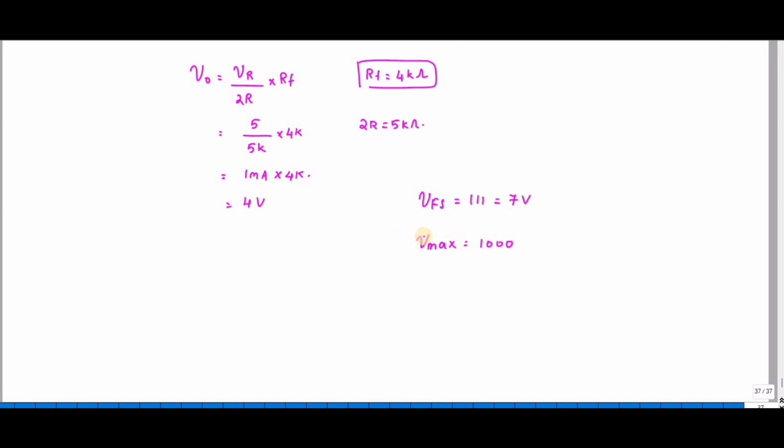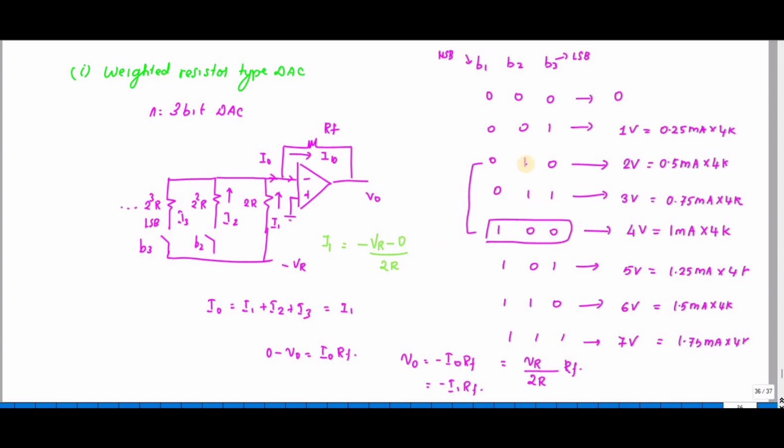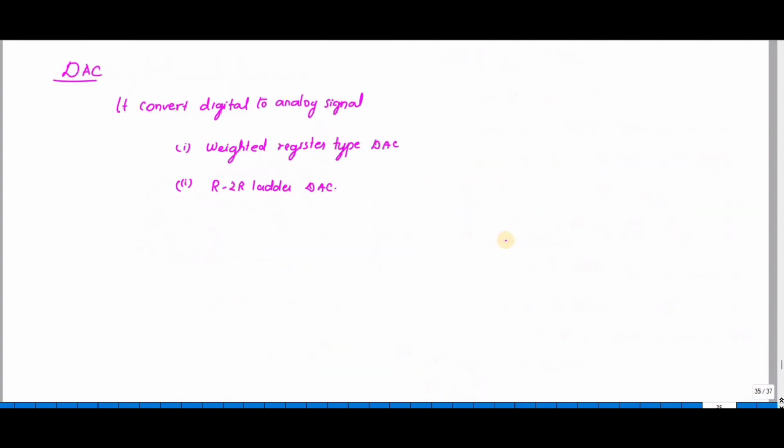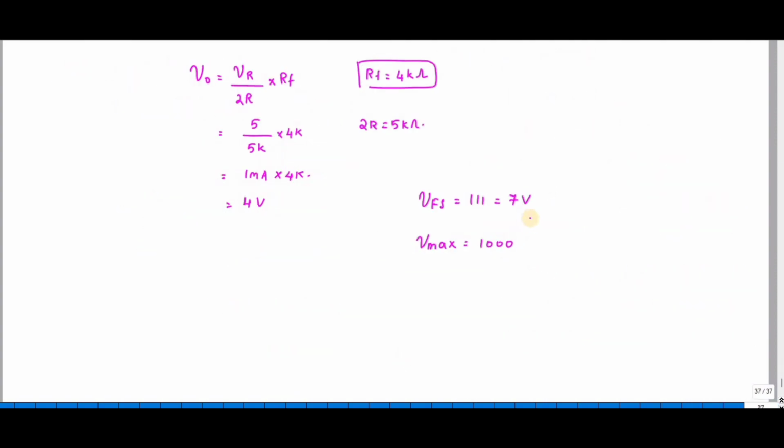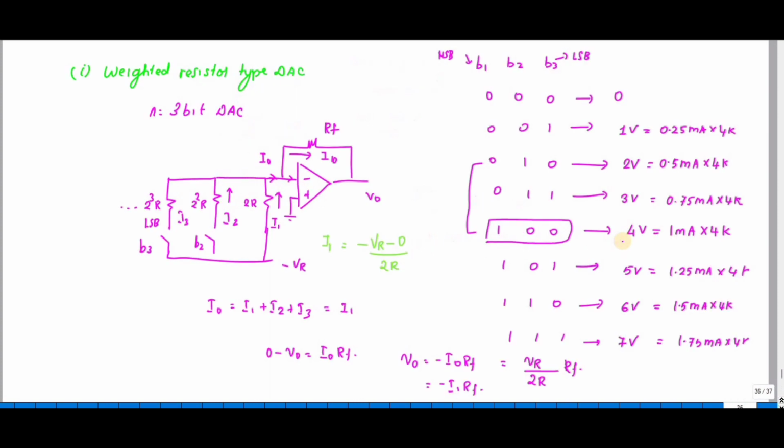Okay. So if this is 1 volt, this one is 2 volt, and this one is 4 volt, then 100 must be 8 volt. So this I can write as the full scale voltage plus this LSB value, right?